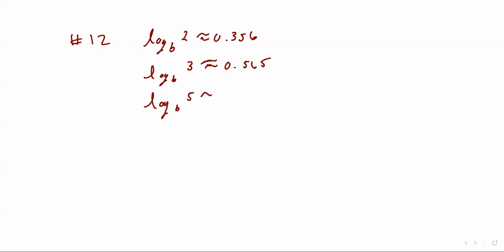If I tell you that log base b of 2 is approximately 0.356, log base b of 3 is approximately 0.565, and log base b of 5 is approximately 0.827, find log base b of 12.